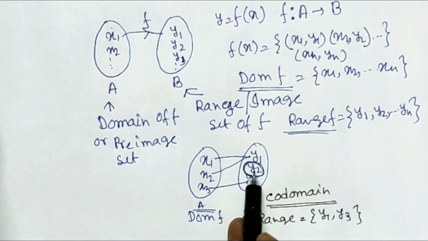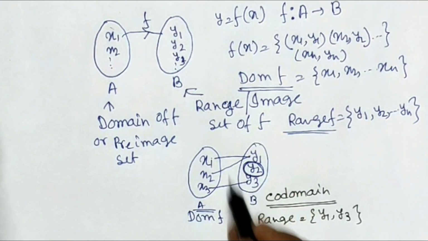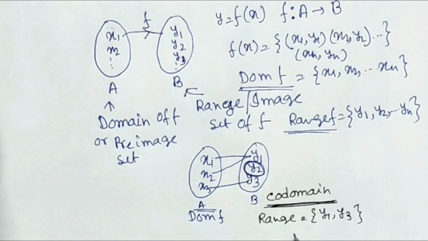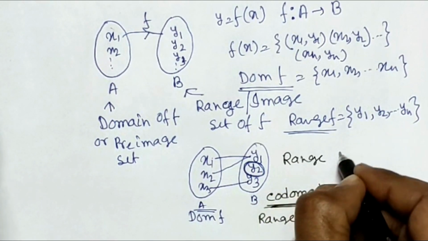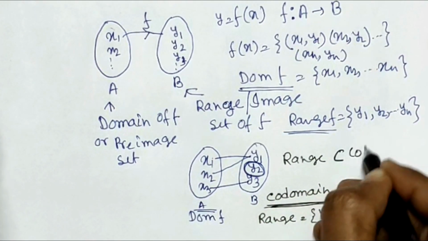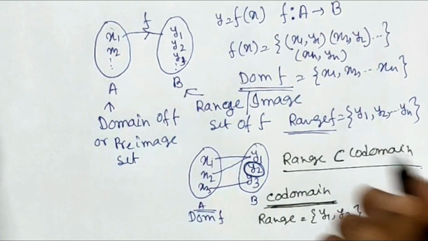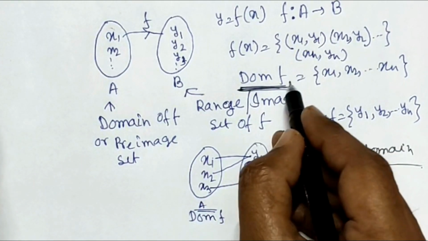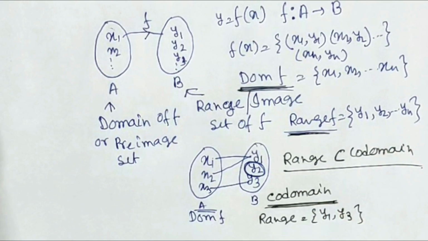Here y2 is left. So in this case the set B is said to be the codomain set. So here range is a subset of codomain. Clear? But for the earlier case, domain is x1, x2 up to xn and range is y1, y2 up to yn. Here range and codomain are the same.